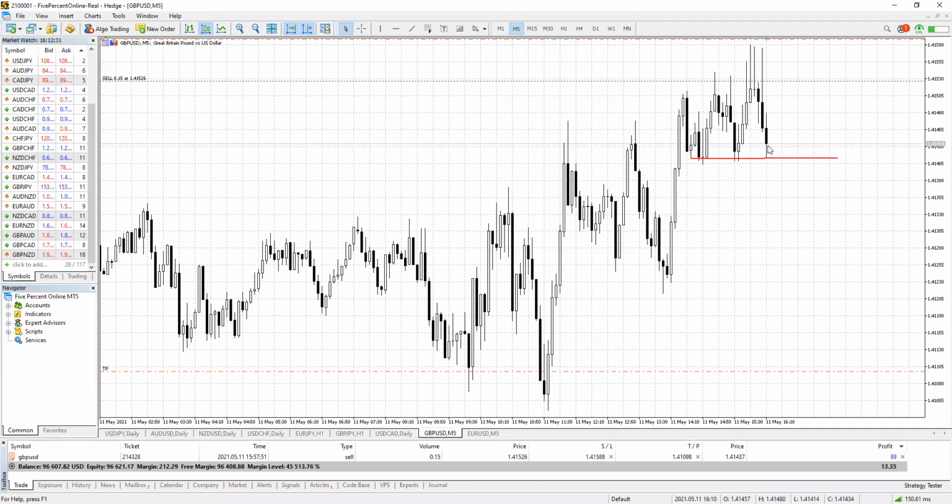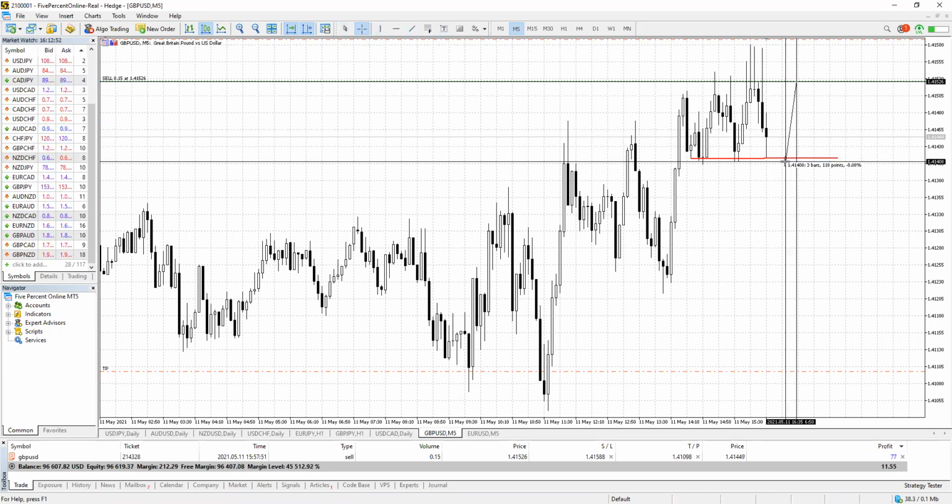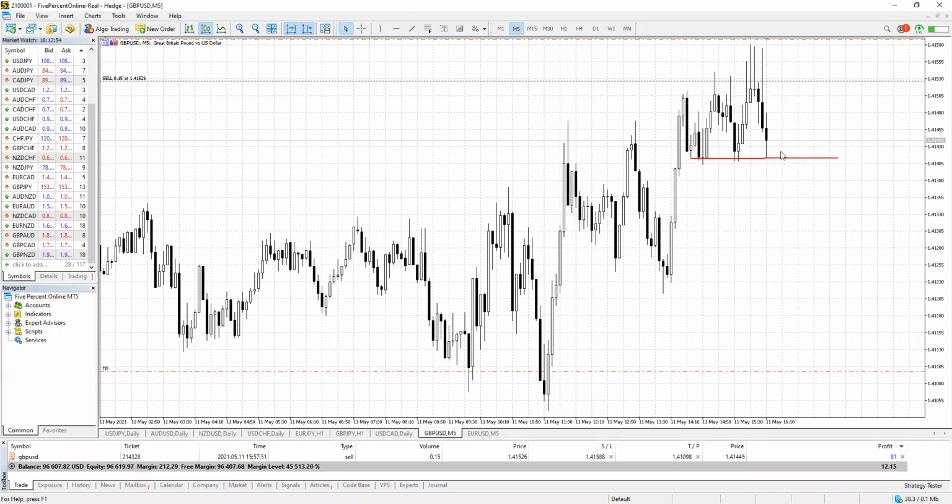Okay, so did you all see how price touched the red line and reacted and reversed? So the red line, for all of you who are scalpers, that's your first target area. The red line should give you a 2-to-1, I believe, risk reward, which is a great reward on a counter trend trade.